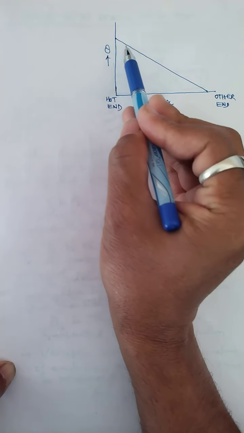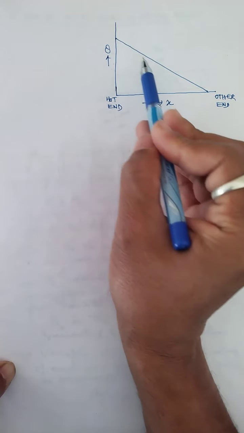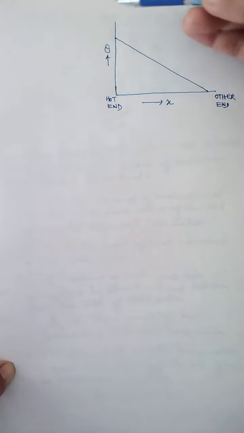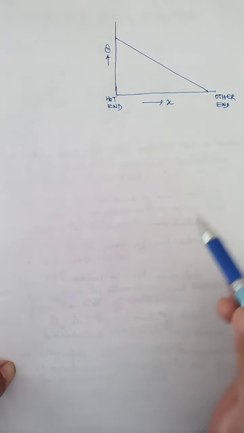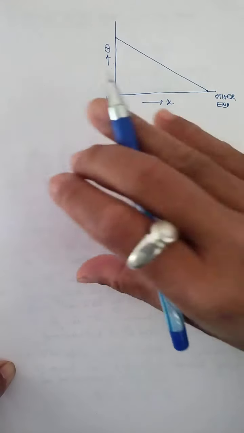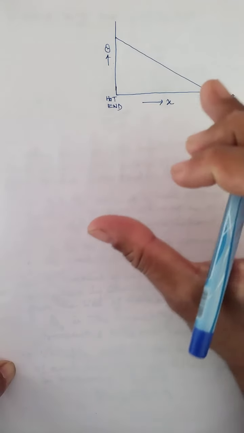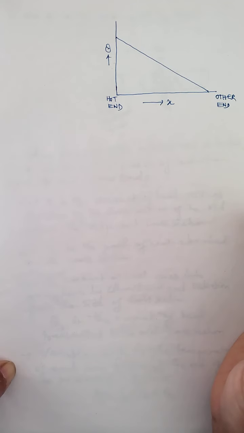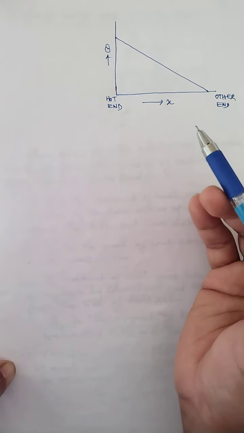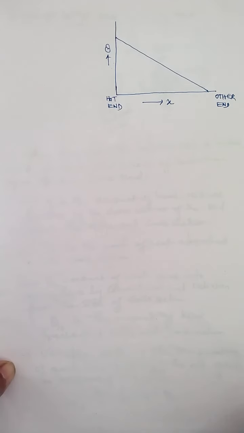That's why the graph is a straight line graph, with decreasing temperature and increasing distance. Theta, the temperature, decreases linearly with the distance. But this is true only when you cover the side of the metal rod with some insulating material. So this is also one of the states called steady state.